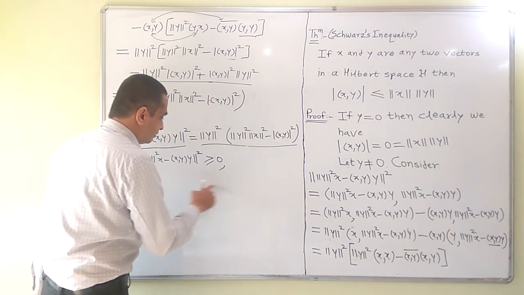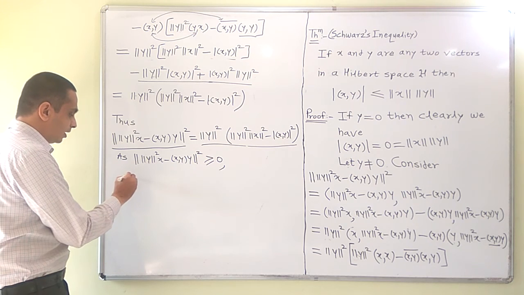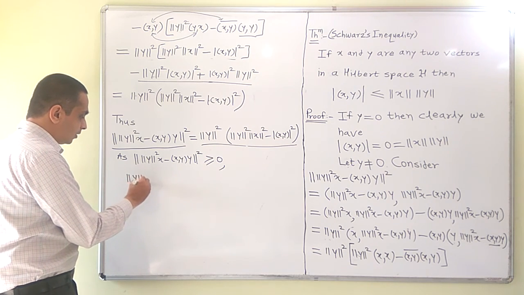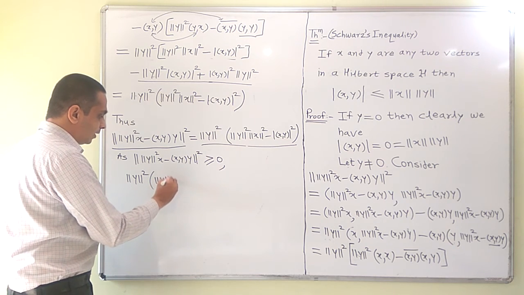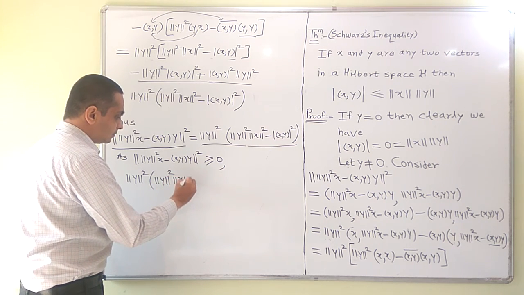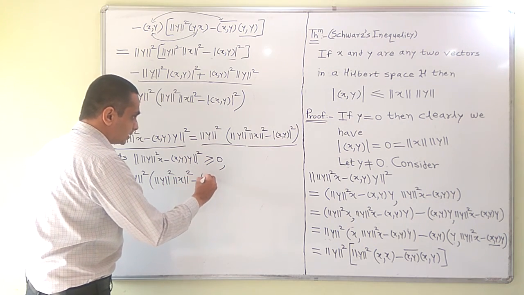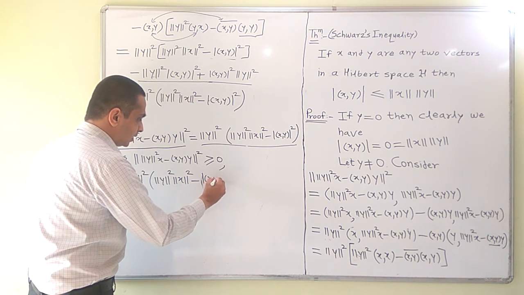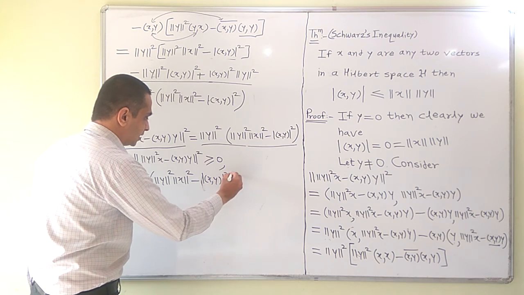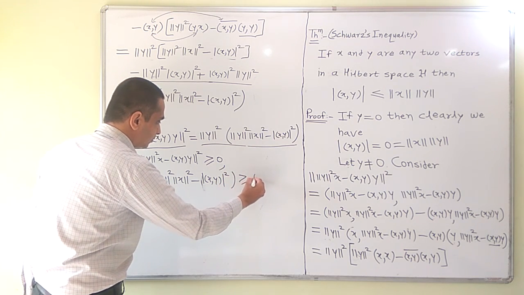Term on right hand side will also be non-negative. So, what we will have is norm of y square into norm of y square norm of x square minus modulus of inner product of xy square is non-negative.